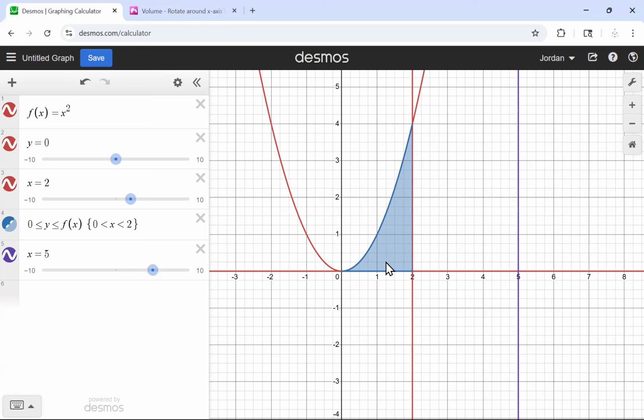The heights of every single rectangle that I drew are going to be exactly the same. The only thing that's changing now is the radius. Instead of from x to 2, now we're going to go from an arbitrary x value out to 5. And if I want to make that positive, since 5 is above the x values that I will be using, I need to go 5 minus x so that the radius stays positive.